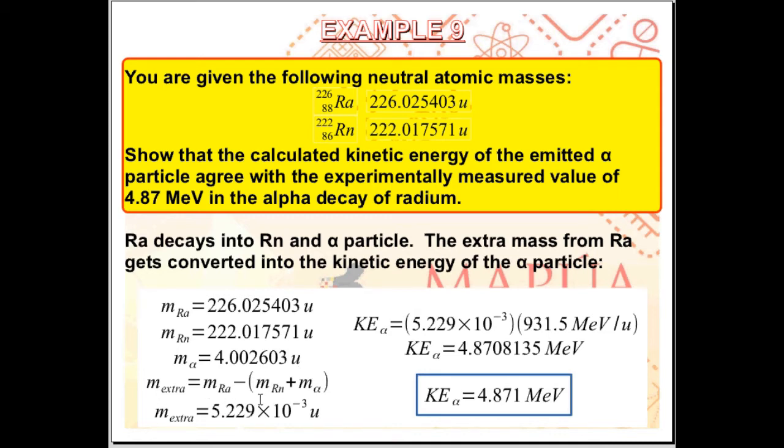Get the difference. You have m extra is equal to 5.229 times 10 to the negative 3 U. Converting this into energy, you have kinetic energy of the alpha particle, 4.871 mega electron volts.